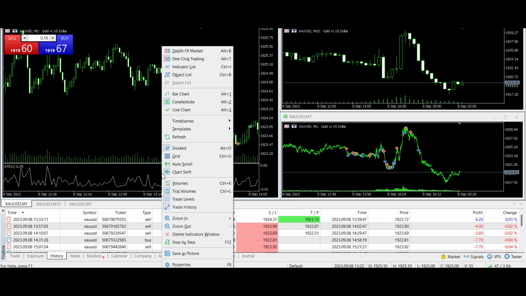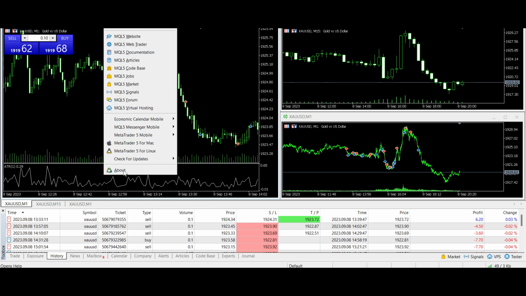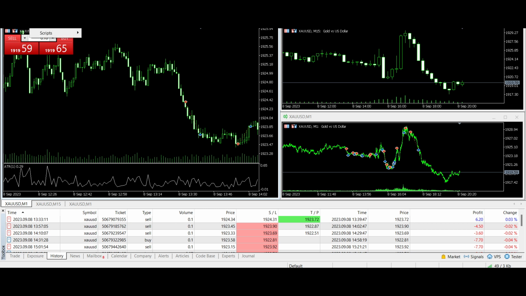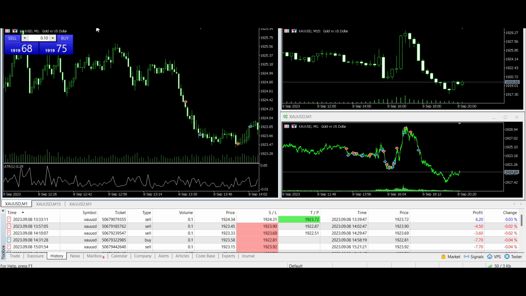Let me show you one thing. We can add a horizontal line over here. I have added one before, but I forgot how it is added. Is it Alt H? No, it is not Alt H. Is it Insert, Indicators, Objects, Horizontal line? Okay, so let's insert one horizontal line over here just to show you at what range these were trending.